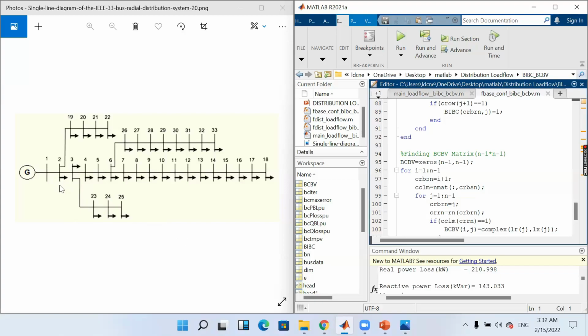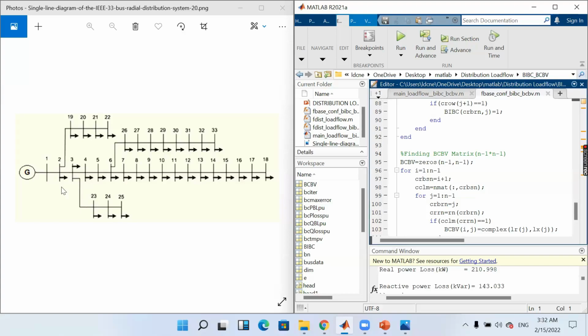If we exclude the source bus, that is bus 1, we can see that for feeding the load of 25, the power must flow through bus 2, bus 3, bus 23, 24, and 25.